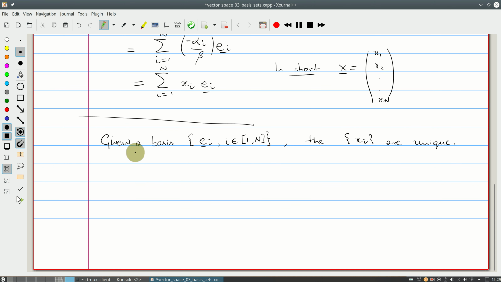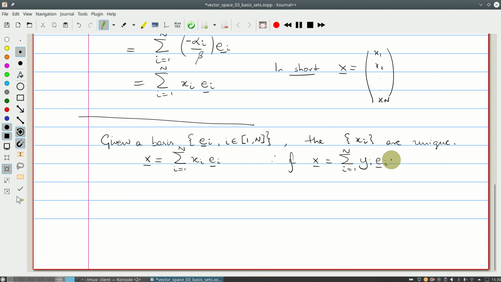Now this might seem trivial. Therefore, what this means is that we can write the vector x in only one way, as the sum. There's only one way of writing this, and therefore what it means then is if we had another way, if somebody came and said, look, I can write the vector x as the sum over i from 1 to n of some yi's ei, then we must have xi equal to yi.